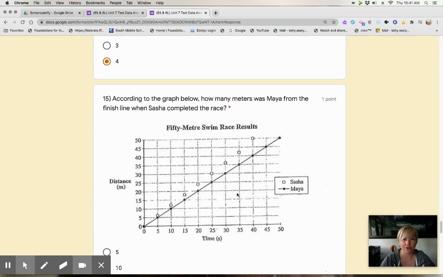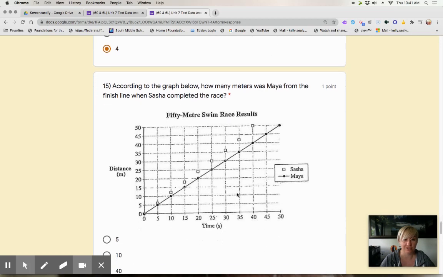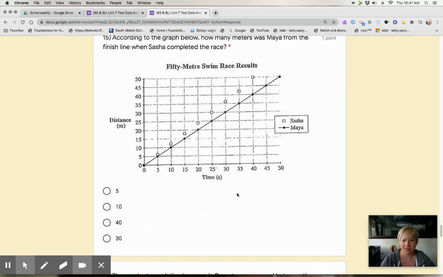According to the graph below, how many meters was Maya from the finish line when Sasha completed the race? I want to find when Sasha completed the race. She is the open square, and she completed the race at 40 seconds when she was at 50 meters. At 40 seconds, Maya was at 40 meters. So if it's a 50-meter race and Maya's at 40 meters, she is 10 meters away from the finish line. I should select this answer.